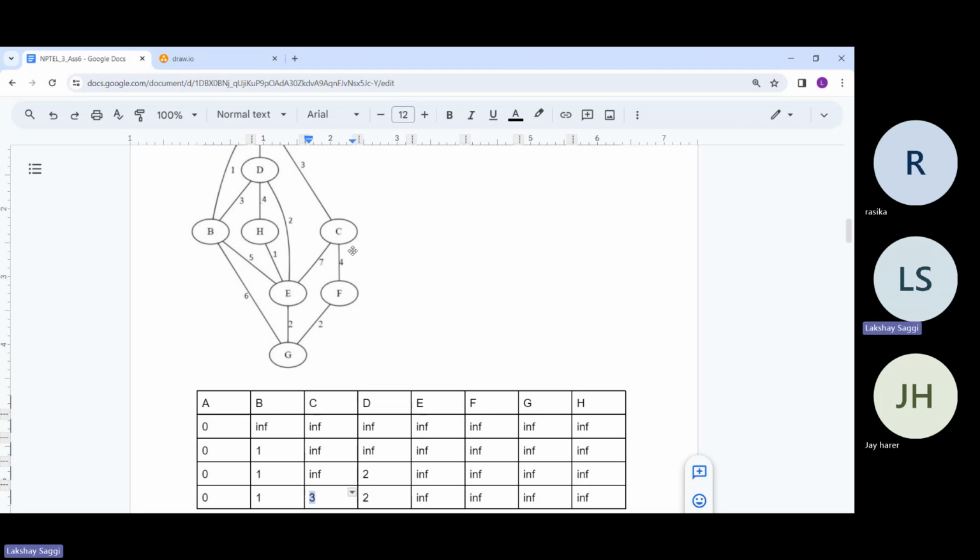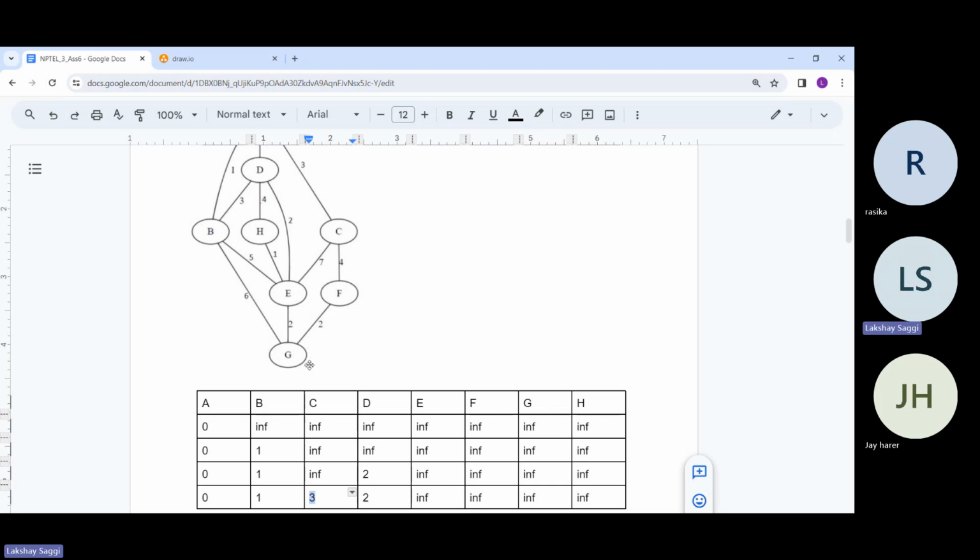So 4 plus 3 will give a distance of 7 for the vertex F, which is greater than the distance 4 for this vertex E. So E is nearer than F also, but maybe G is nearer than E.